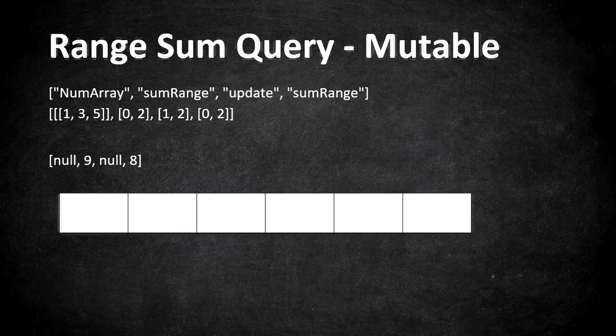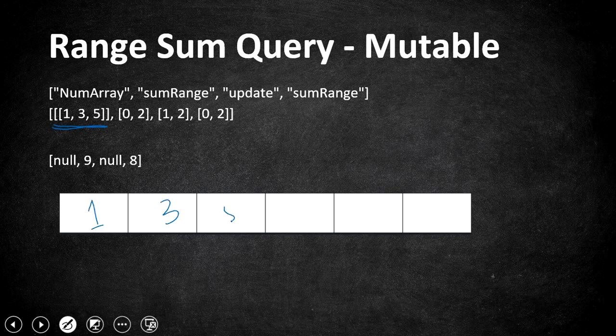So here is the given input, and we are first given an integer array nums with values 1, 3 and 5 at the index 0, 1 and 2. And comes the next method, sumRange from 0th index to 2nd index. So it is the sum of the given array, so it is going to be 9, and that is what we are going to add to our output.